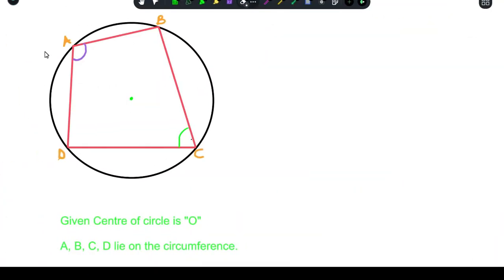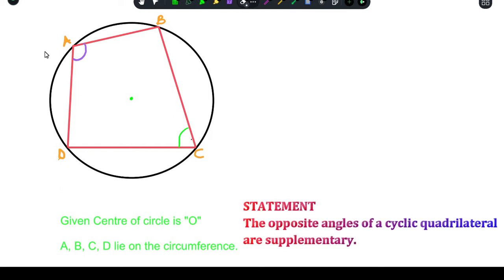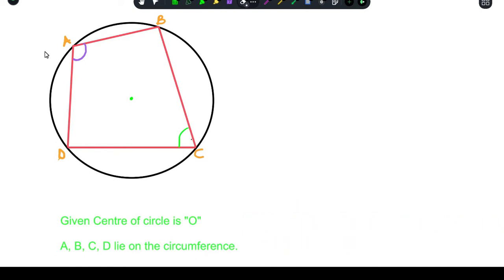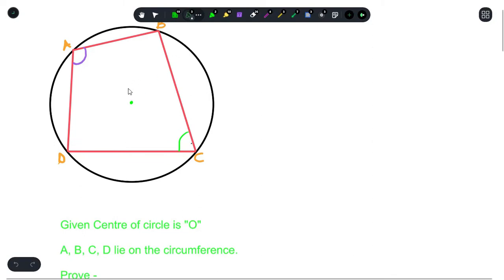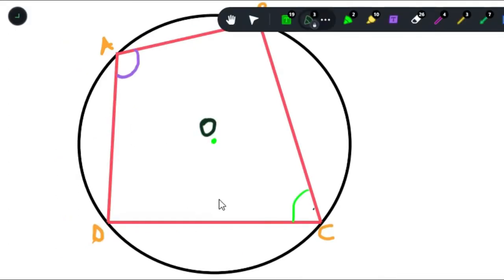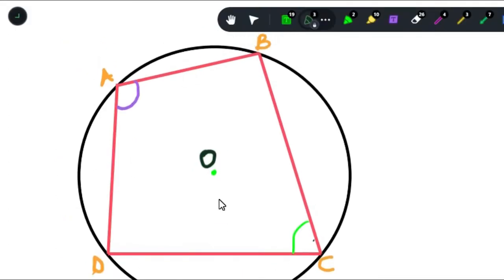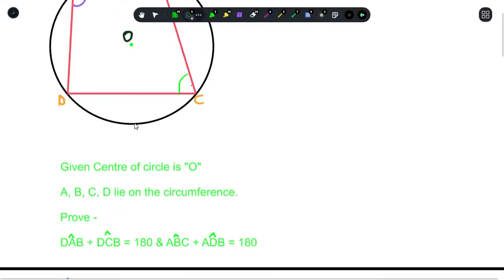Now, this proof is trying to confirm the statement that opposite angles of a cyclic quadrilateral are supplementary. Supplementary, as we said before, means that they add up to 180. To prove this, we have to understand that the center of the circle is O, which we have over here. We also have A, B, C, D on your circumference. They are vertices on your circumference.